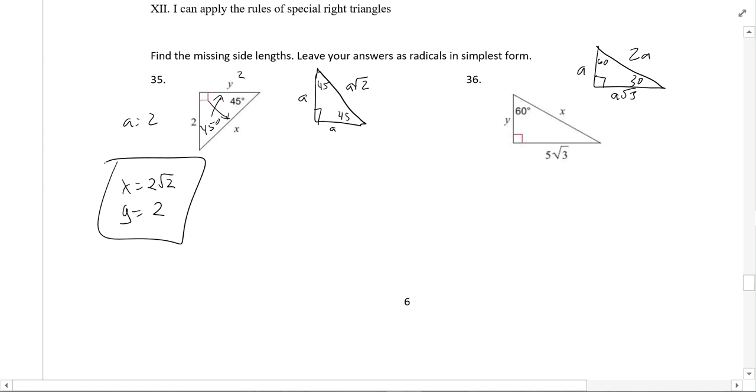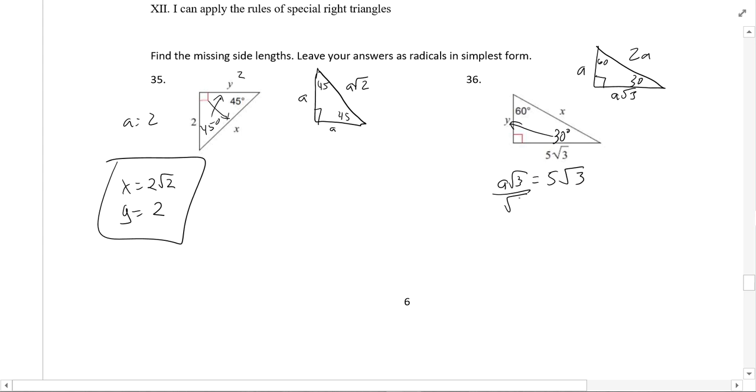All right, so let's go ahead and take a look at number 36. So again, we're applying our rules. We want to know what y is. In this case, y is the opposite of 30, and x is the opposite of 90. So let's start with what we're given with 60. Opposite of 60 is A rad 3, and in this case, it's 5 rad 3. So we have A rad 3 equals 5 rad 3.